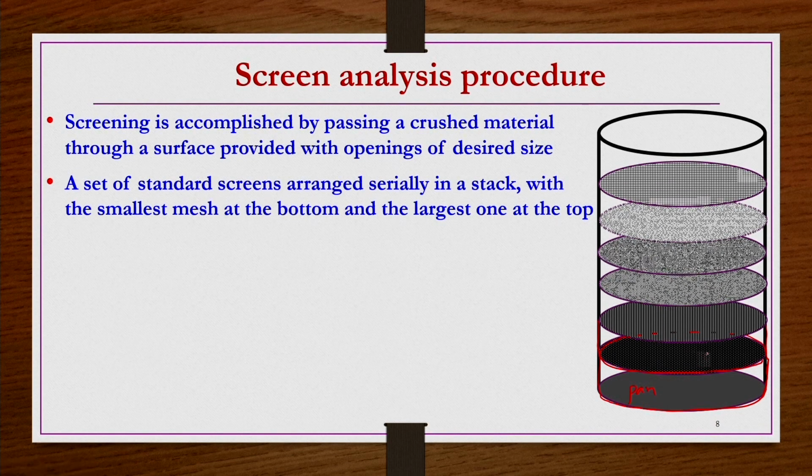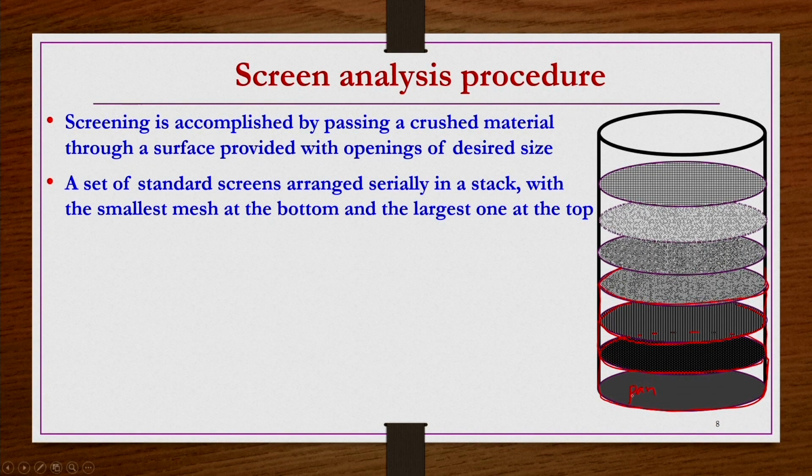On this metal pan we can mount another metal pan with a screen, having a particular screen opening. Likewise, one onto the other, we can arrange n number of metal pans with screens at the bottom, arranged on a metal stack serially.